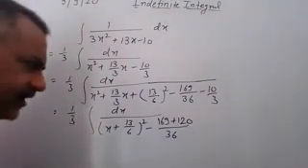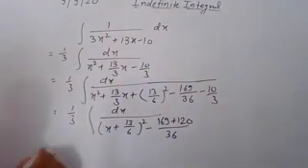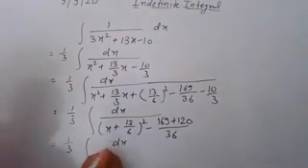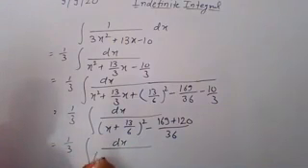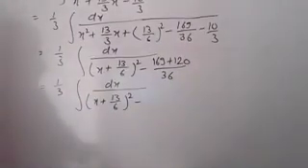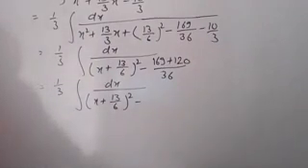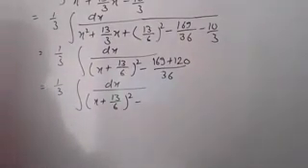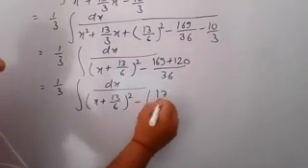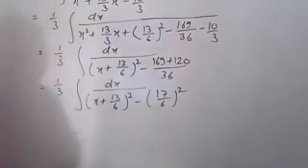So just simplifying it, that is equal to 1 upon 3 integration of dx upon x plus 13 upon 6 whole square minus 289, and 289 is the square of what? Square of 17. So that is equal to 17 by 6 whole square.